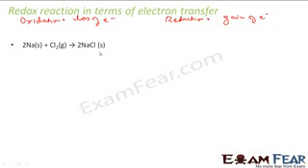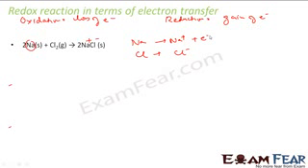So let's take this example. In this case, my sodium became what? Na plus, because NaCl is nothing but Na plus Cl minus, and chlorine became Cl minus. So if you see, this guy gave an electron and this guy took one electron.